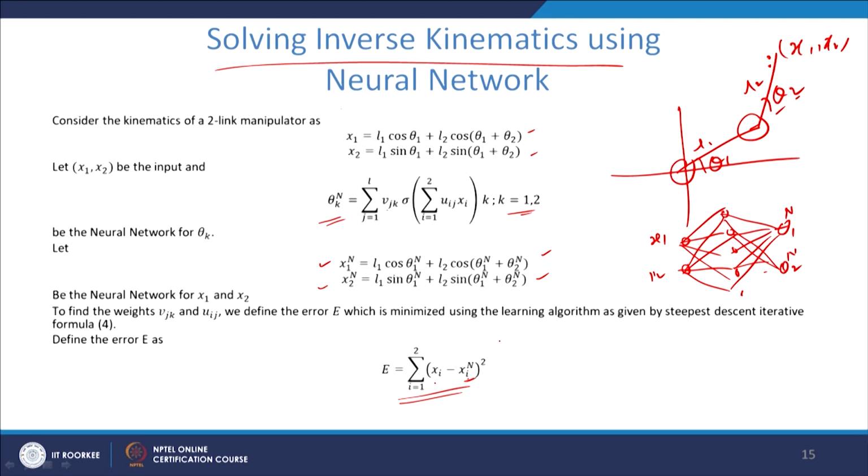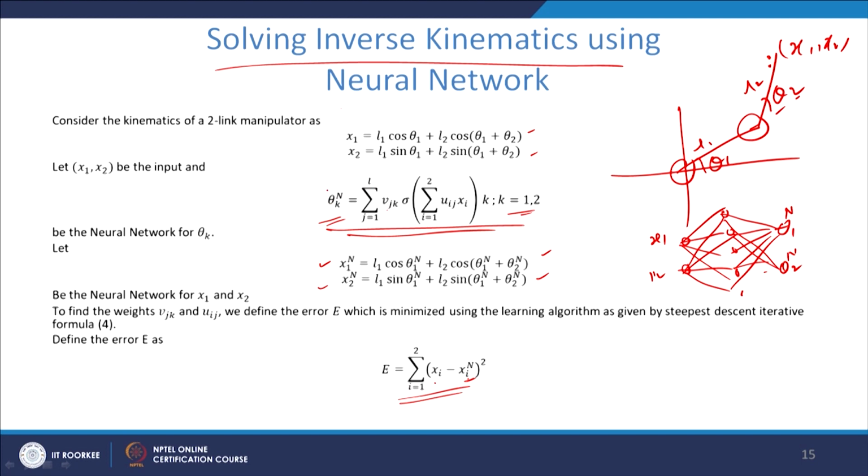The error is given by this expression, and using the steepest descent algorithm we can obtain the weights suitably. After getting the final weights we substitute in this particular formula again.